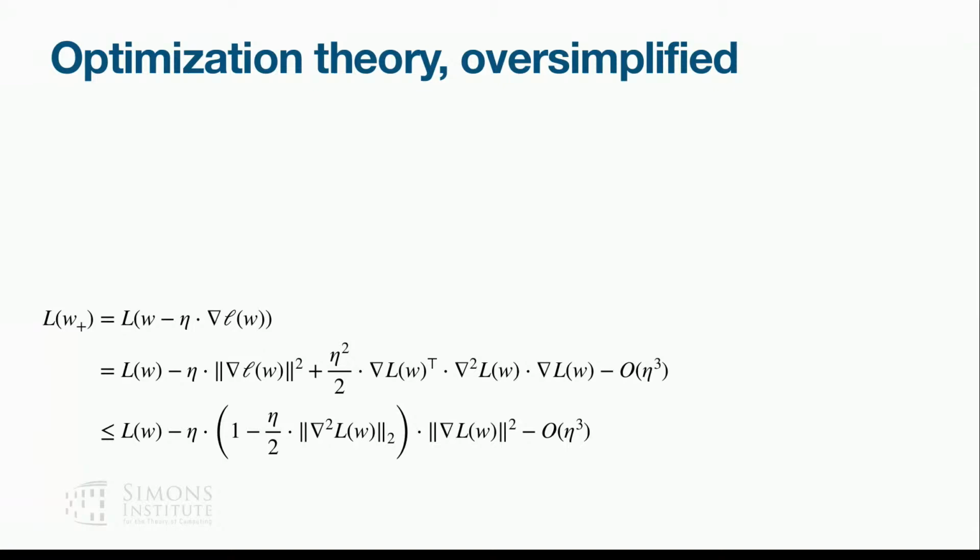Then we see that if the step size eta is small enough, this green box must be positive. That guarantees that I can decrease the loss function value by a little bit after performing one gradient descent update.